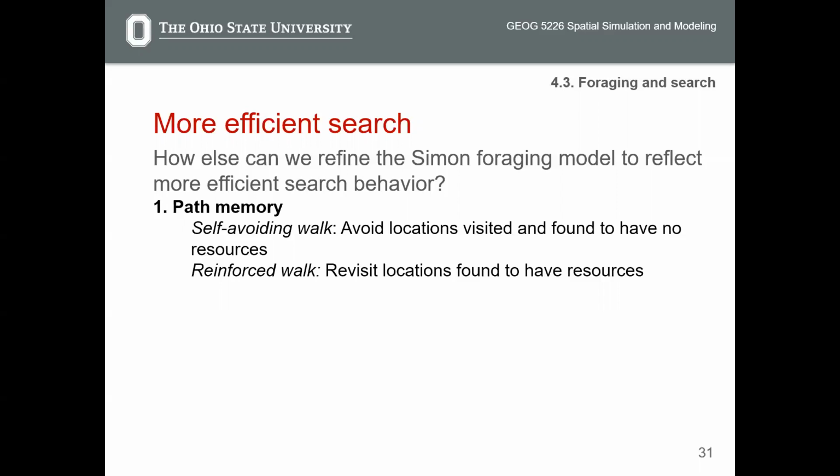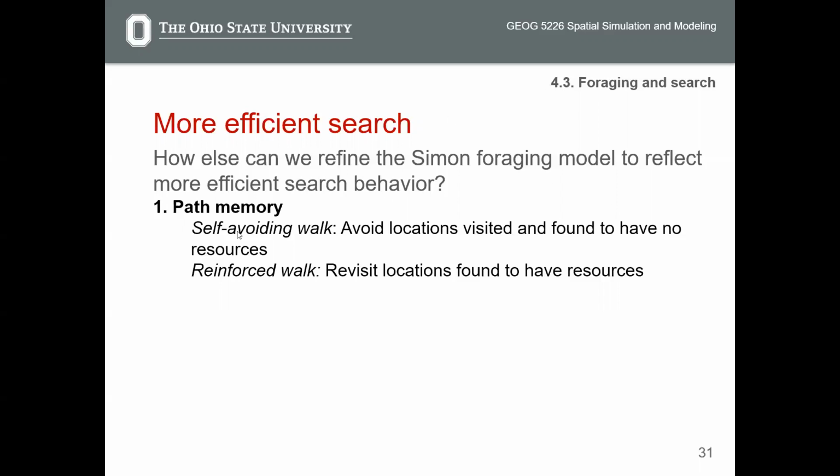When we're talking about foraging, it's animals, right? Or when humans are searching for something, we all have memories, right? So we can use more complex strategies. So we want to refine the very fundamental Simon foraging model.